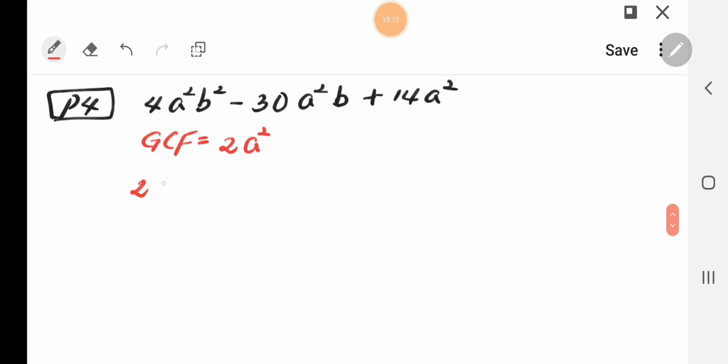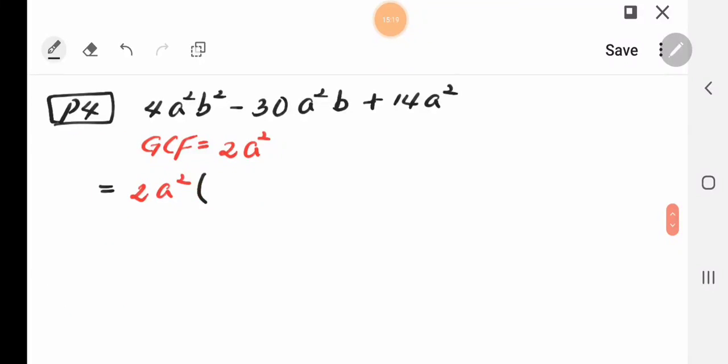So we can factor out 2a squared from each term. So that will be equal to 2a squared out, so 2b squared minus 2 times 15 is 30, a squared out, so b, plus 2 times 7 is 14, and a squared out.